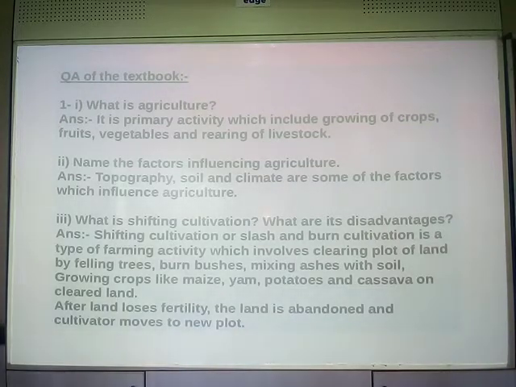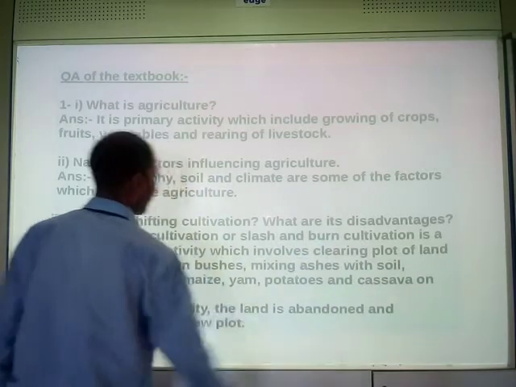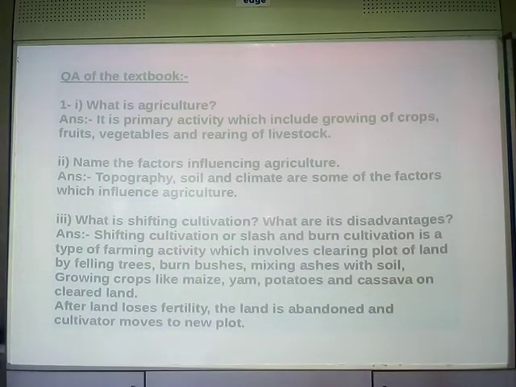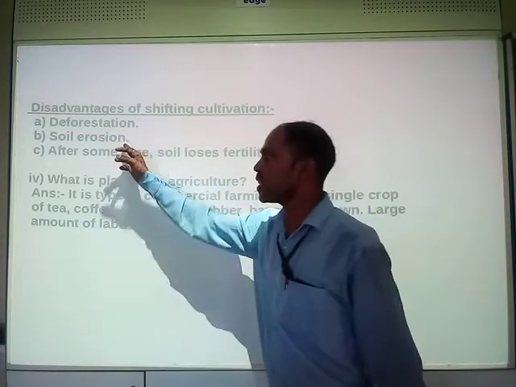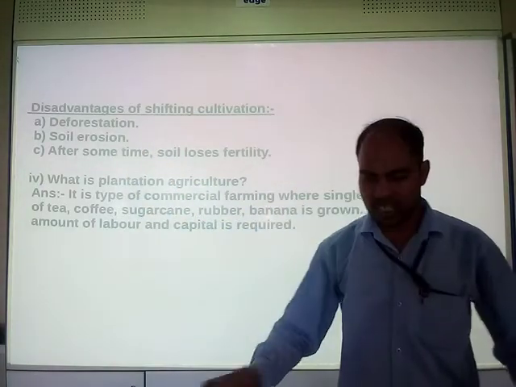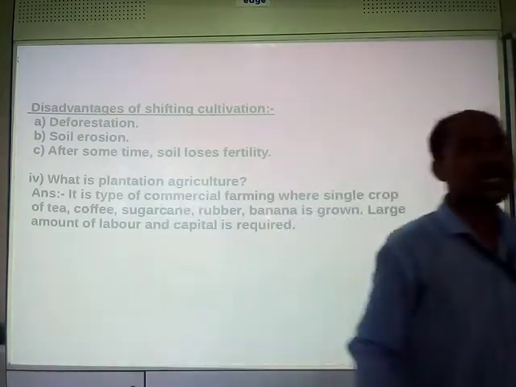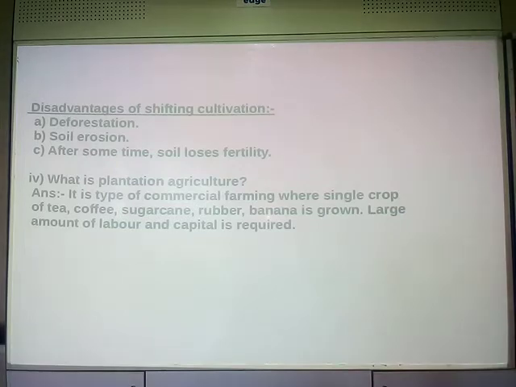Okay, another question is, what are its disadvantages? What are the disadvantages of it? Trees are cut down, so deforestation is the first disadvantage. Another disadvantage, when the trees get cut down, there is a chance of soil erosion, blowing away of the top fertile part of soil.